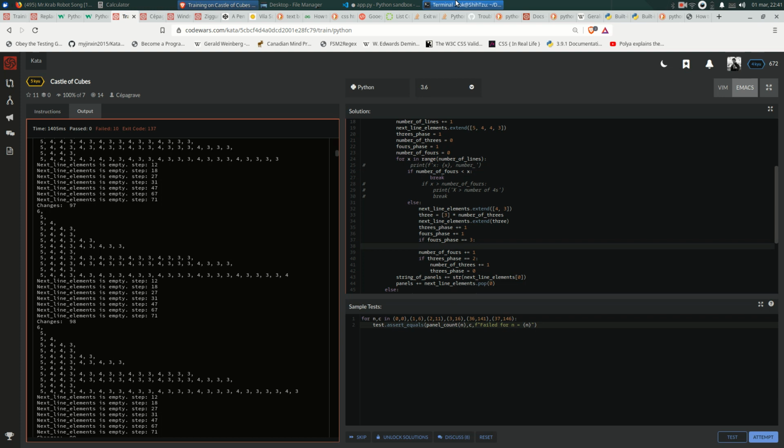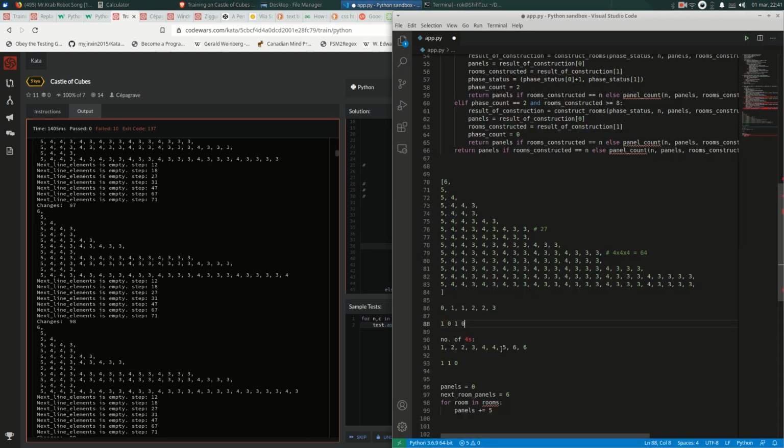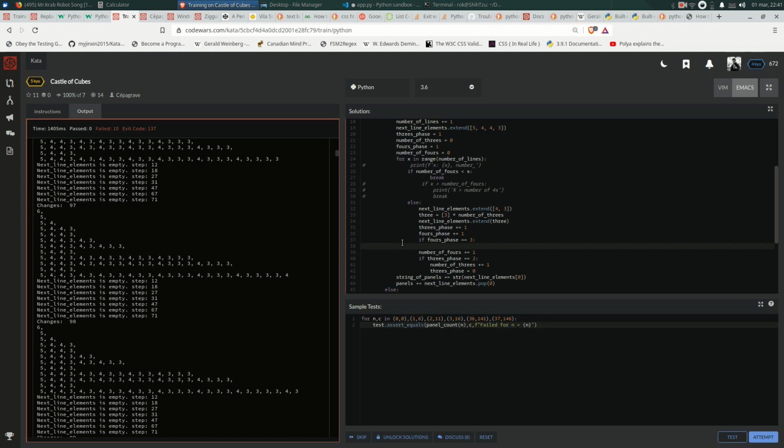Starts at 1. If it's 1, 1, 0. The fourth phase 3. You say number of 4s is ought to be 0 at this point.